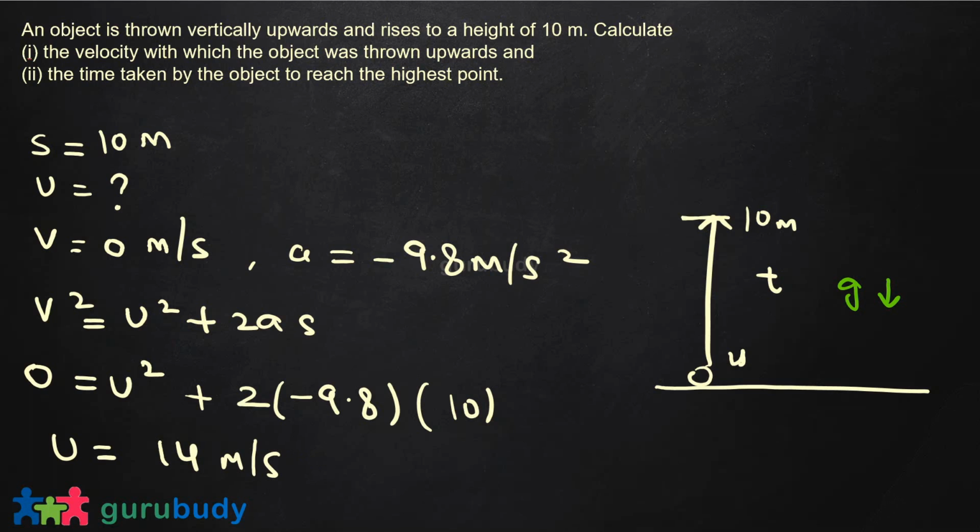So this is the velocity with which the object was thrown upwards to reach the height of 10 meter. The second part of the problem is asking to calculate the time taken by the object to reach the highest point, which is 10 meter, right? So we know from our equations of motion that v equals u plus at.